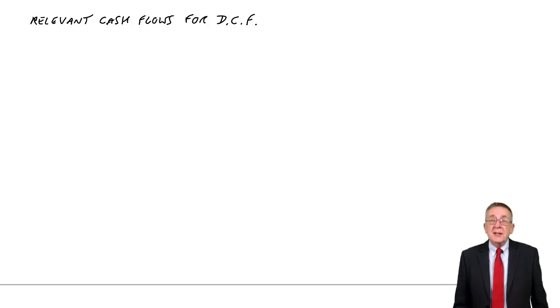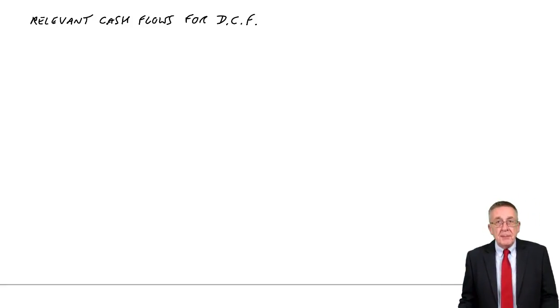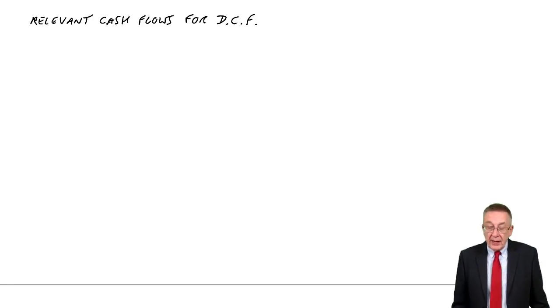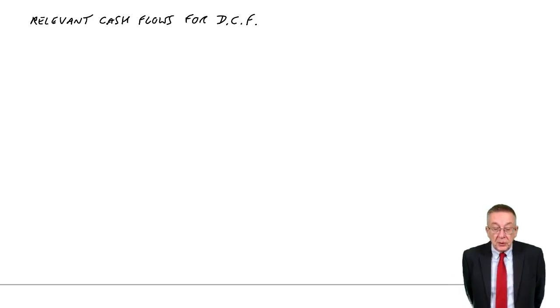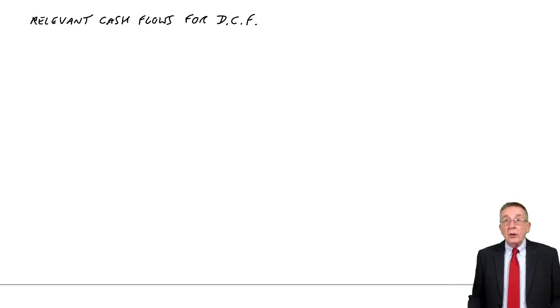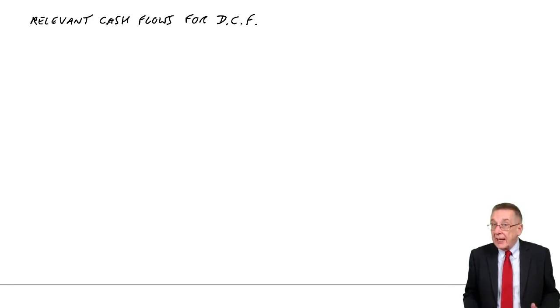There are several things we need to consider in this chapter. But the first is what you might call the overriding principle that we're after, which is on the first page. You'll see the general rule is that we're looking for all future incremental cash flows to the company.